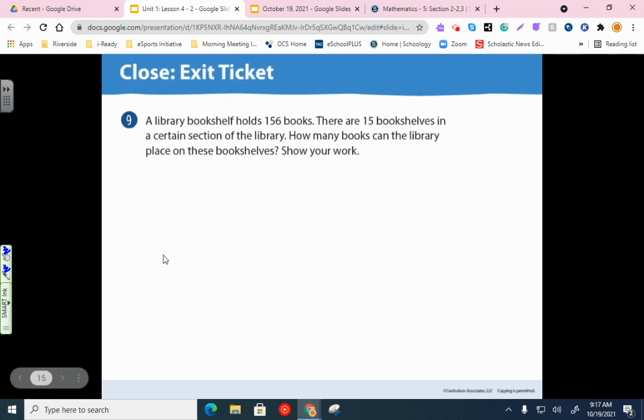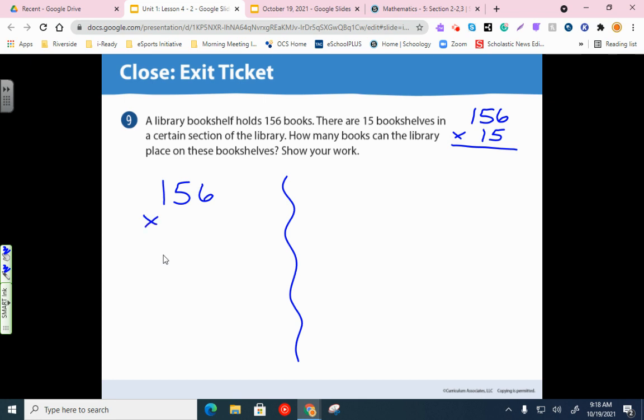A library bookshelf holds 156 books. There's 15 bookshelves in a certain section of the library. How many books can the library place on these bookshelves? And show your work. So over here, let's write what it would be if we just set it up the standard way. But I want to split this up into 2 parts. We're going to do 156 times 10.